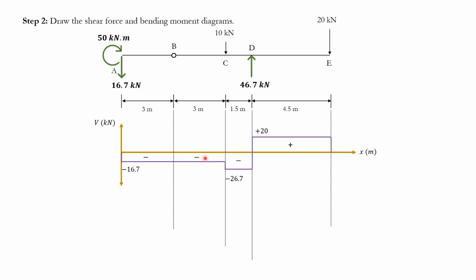And now at this stage, we can go ahead and draw the bending moment diagram. So we'll start from here, but as you see, right at the start, we have a 50 kilonewton meter moment that is going in the clockwise direction. As you remember, clockwise was a jump. So you jump 50 kilonewton meters. There you go. That's positive 50.